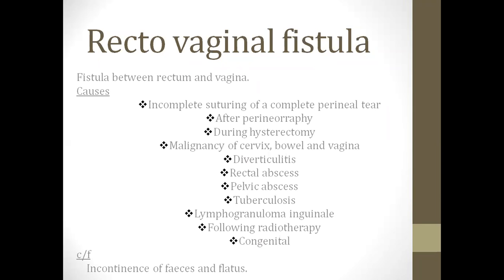Then malignancy of cervix, bowel and vagina will lead to rectovaginal fistula, and diverticulitis, rectal abscess, pelvic abscess, tuberculosis, lymphogranuloma, and following radiotherapy. And the rectovaginal fistula may be congenital, which is very, very rare. And the patient complains of incontinence of feces and flatus.